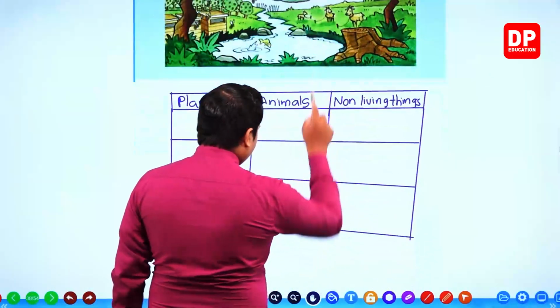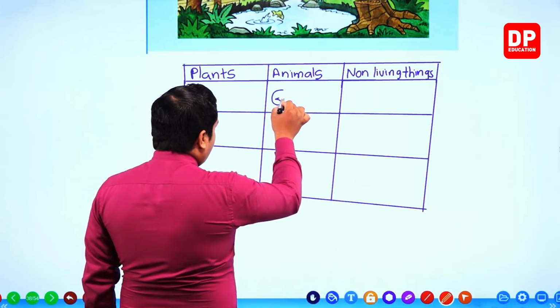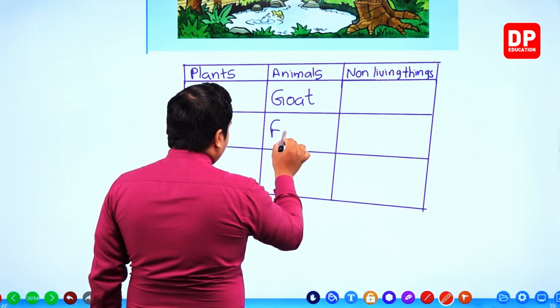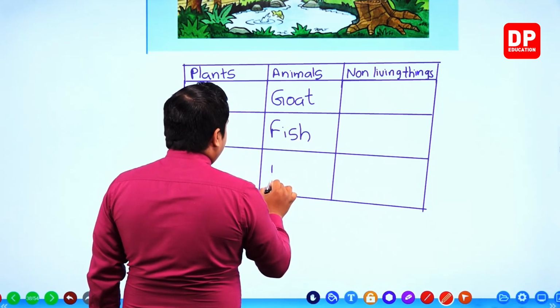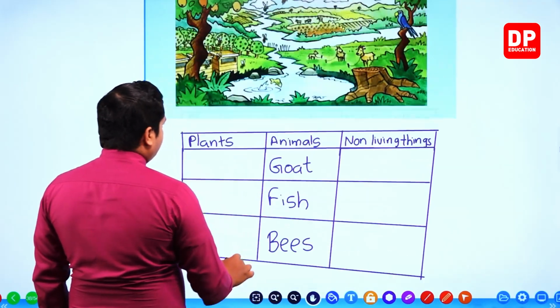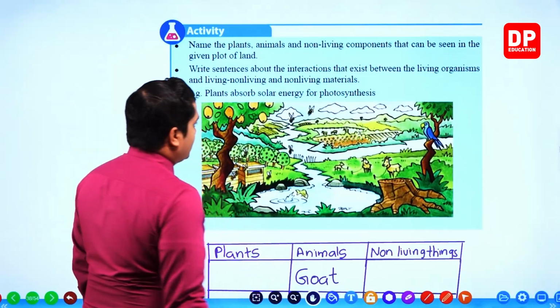Let's write goat, fish, bees. Then types of plants.